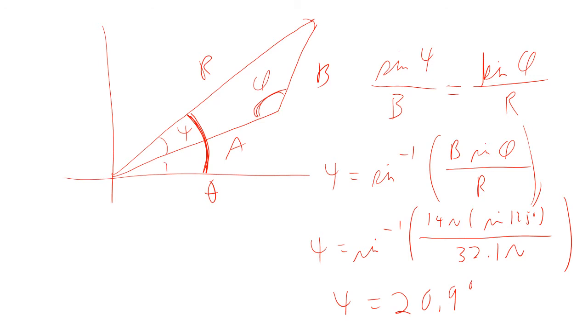If this is 20 degrees, then theta is going to be psi plus 20 degrees. So theta is going to be equal to 40.9 degrees. So we could say that R is equal to 32.1 newtons at an angle of 40.9 degrees from the x-axis.